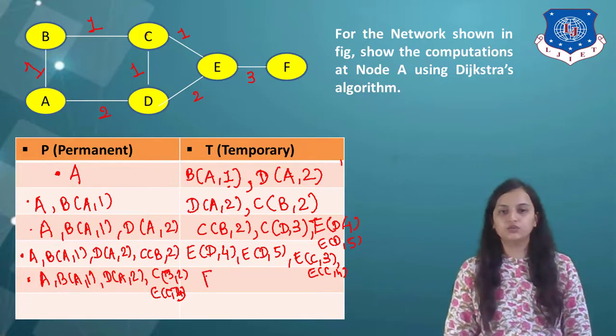So to reach F via E, if I consider this path, then the values will be 1 plus 1, 2, 2 plus 1, 3, 3 plus 3, 6. That will be F is 6.